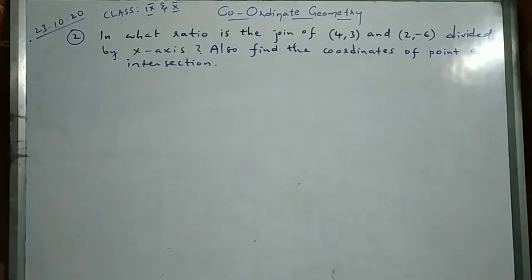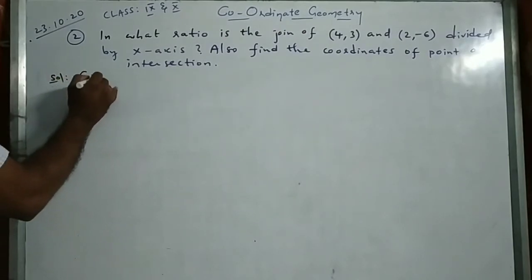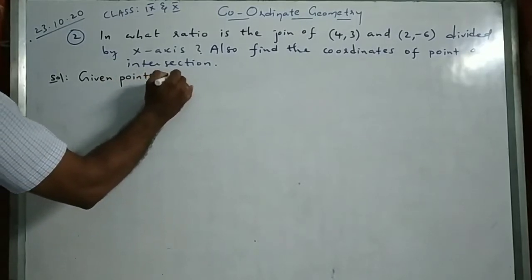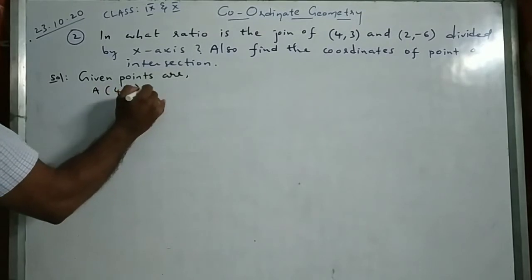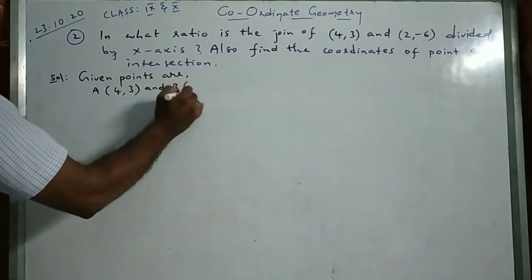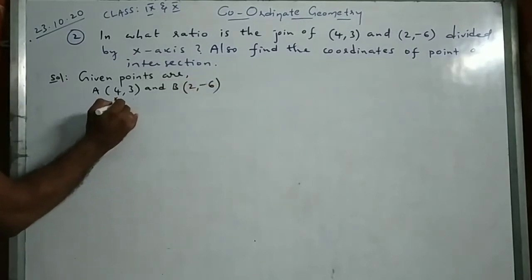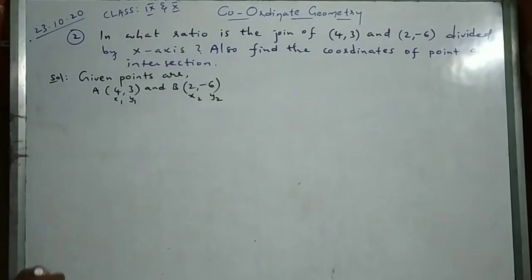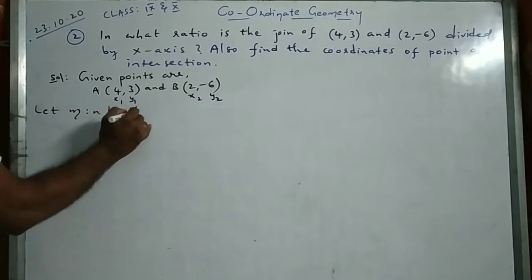I'll just do it. See, first what are the given points here? Given points are A (4, 3) and B (2, minus 6). Immediately you take it as x1 y1 and x2 y2. What should you find? The ratio, right?